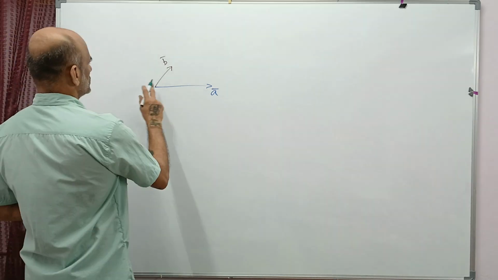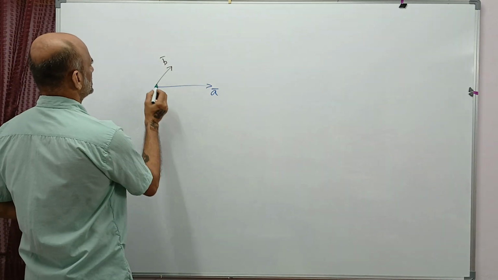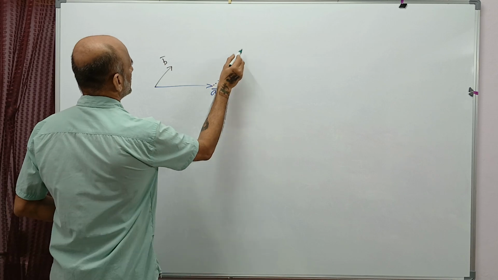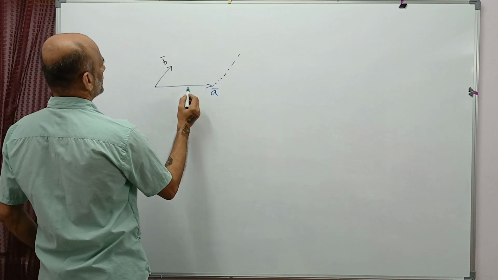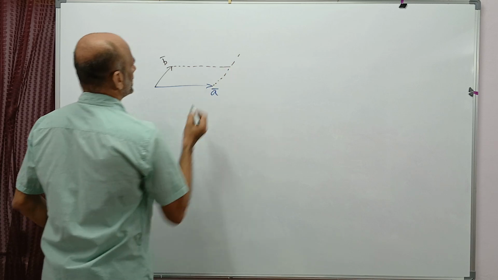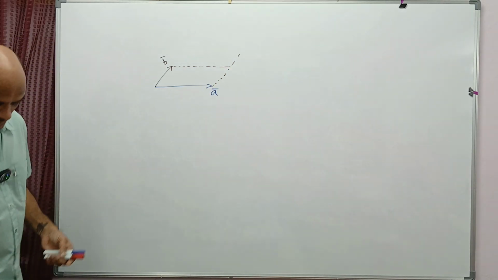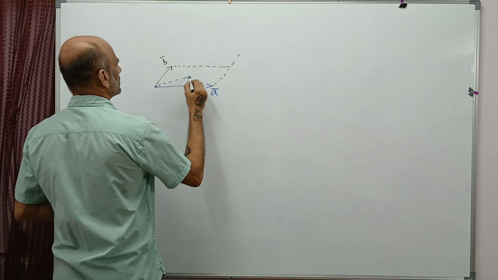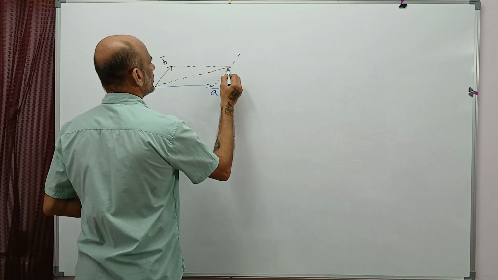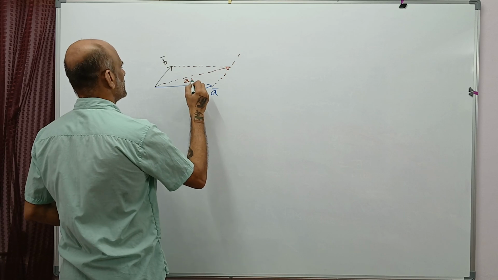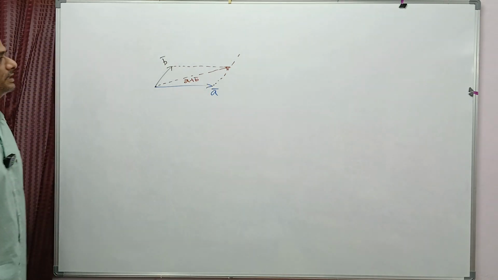So I will draw a line parallel to this B vector, and from here a line parallel to the A vector. This diagonal is the sum of the two vectors, A plus B.